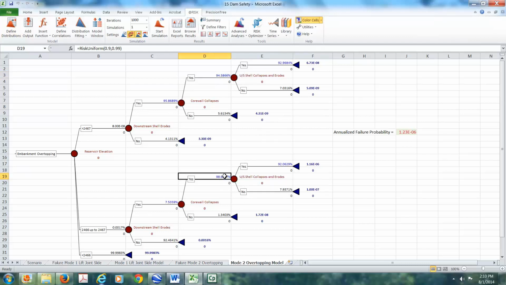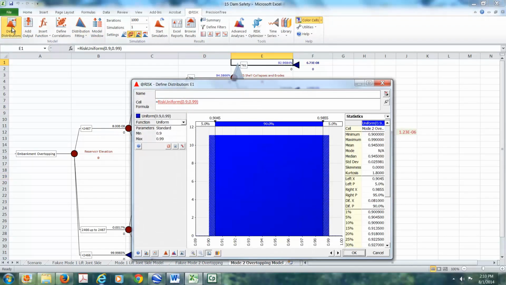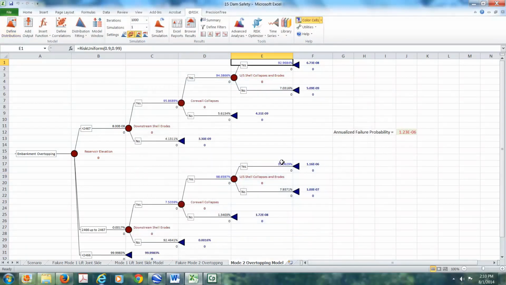They come from the same distribution, but they are independent samples from that distribution. Likewise, if the core wall collapses, the probability that the upstream shell collapses and erodes is exactly the same. So this would be between 90 and 99%, just the same as this probability would be.